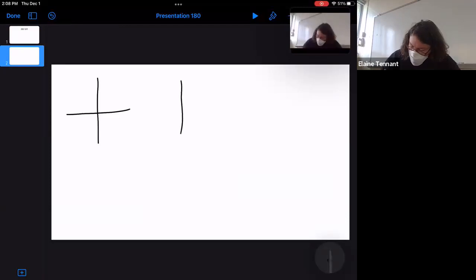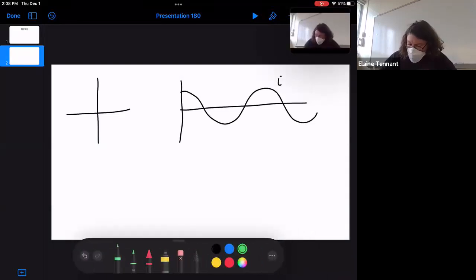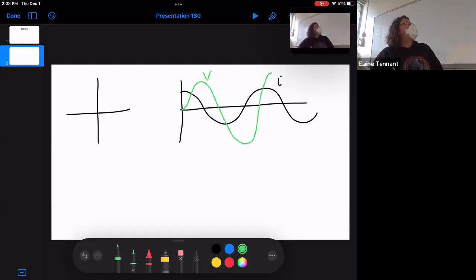You could draw a picture like this to demonstrate whether something is in or out of phase, but that's hard to do.